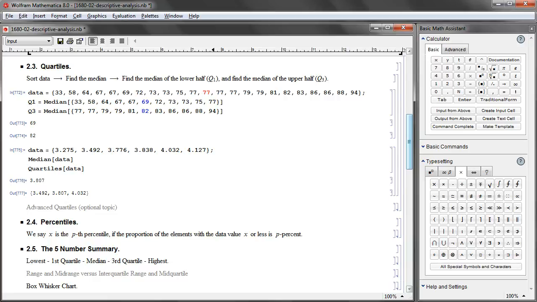If she is in, say, the 12th percentile in terms of weight, there's some concern because she's not growing very well, and she may have some malnutrition issue, things like that. So percentiles are a bit more general concept.